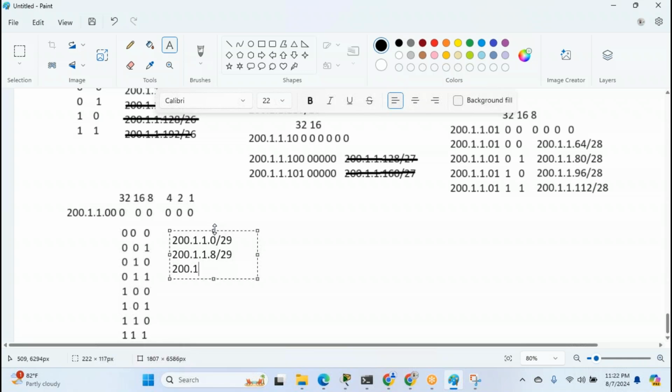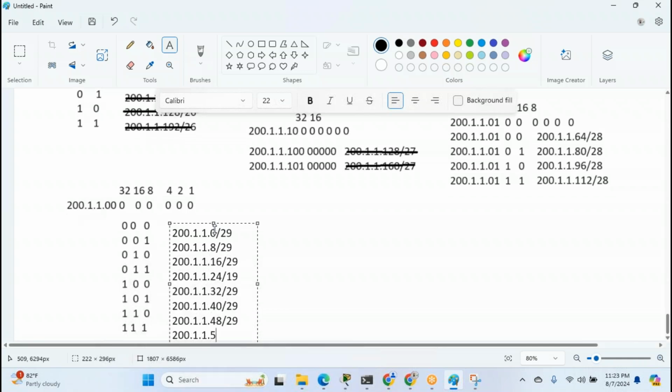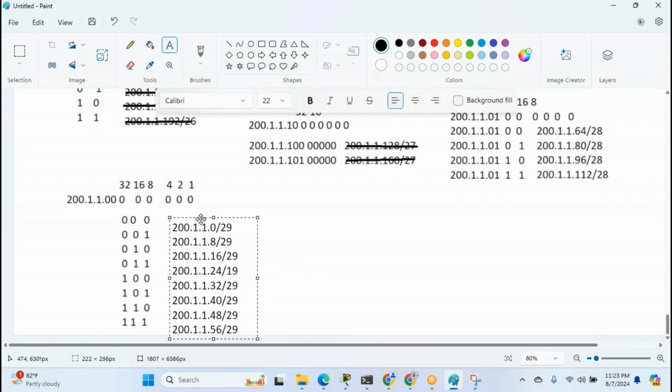Then 200.1.1.8/29, 200.1.1.16/29, 200.1.1.24/29, 200.1.1.32/29, 40/29, 48/29, and 56/29. So these are the 8 subnets with 6 hosts.